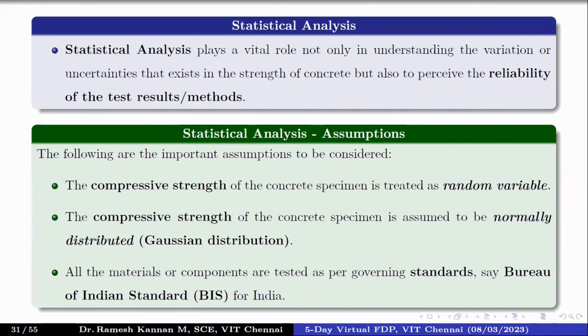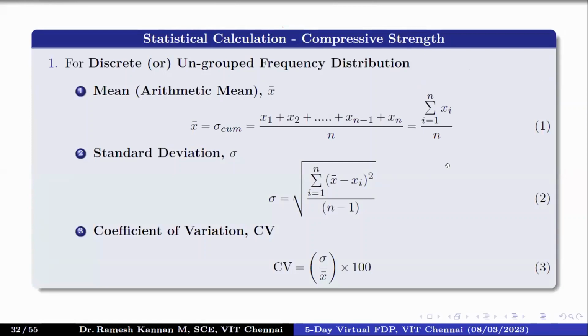So that is basically an underlying assumption. And for this, any test you need to perform as per the governing standards. We use BIS standards for our testing. And this is the basic arithmetic mean: the compressive strength values of the different samples divided by the total number of samples. A very important thing I want to specify here is this is the sample standard deviation. Remember, it's not divided by n, it is divided by n minus 1.